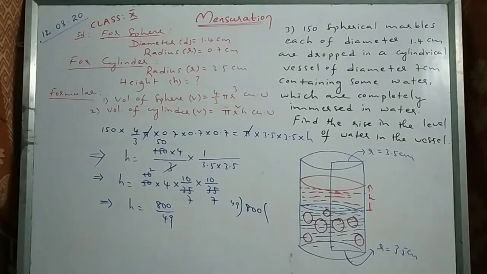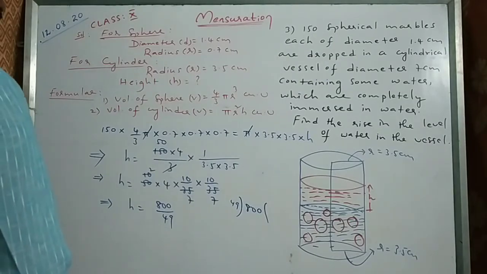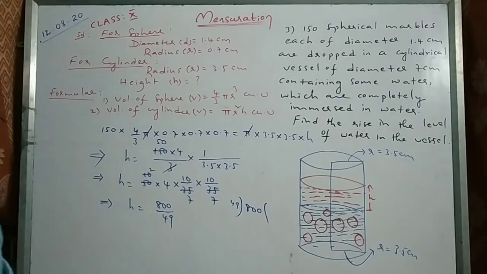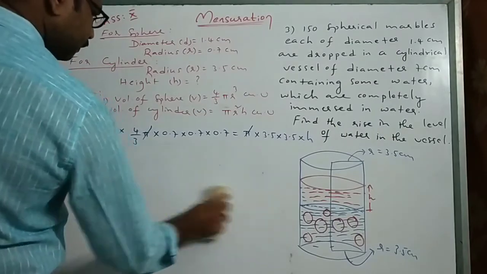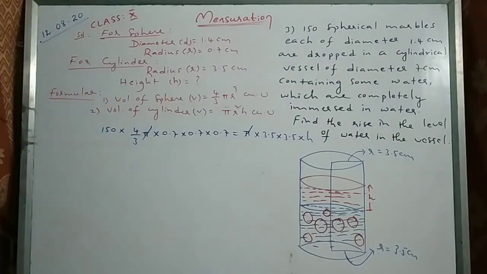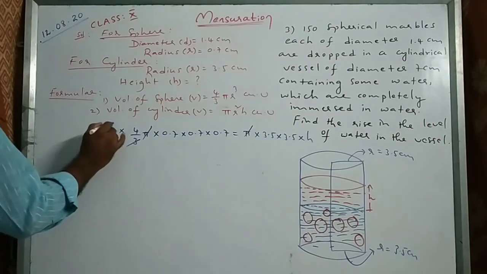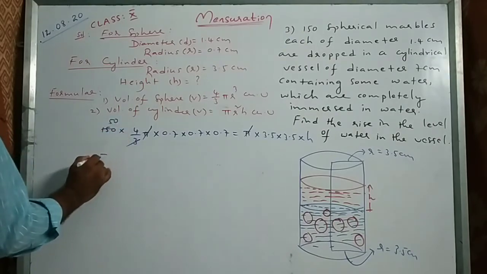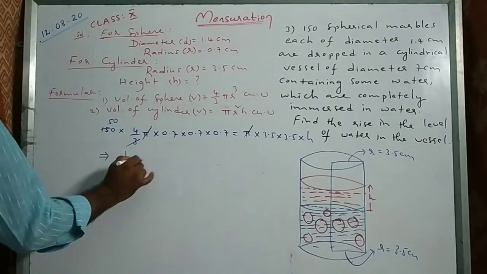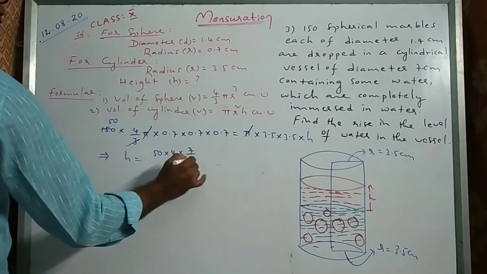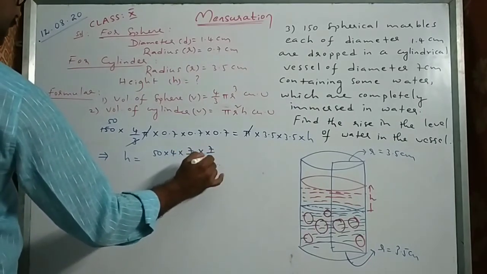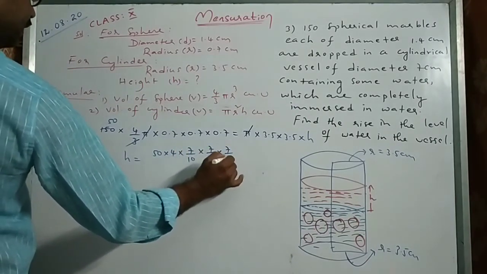So here I forgot something. Wait. 3 ones are 3, 3 fives are 15, so h equal to 50 into 4 into, oh, I forgot this, 7 by 10, 7 by 10, 7 by 10, right?